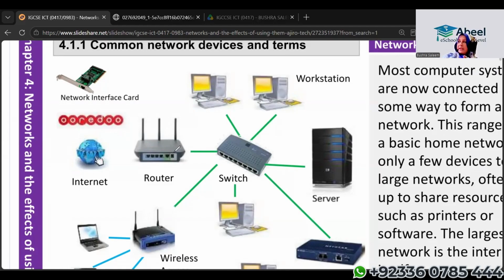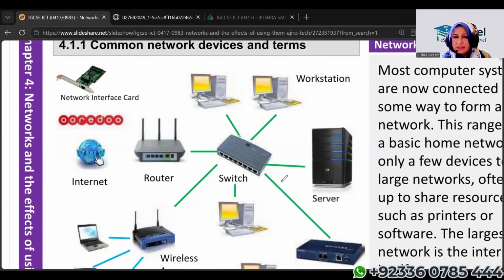It gives you internet facility. You can connect to the router through services from different ISP companies, the Internet Service Providers, like PTCL and Stormfiber, that give you the facility of the net. So by connecting to the router, you can connect to the internet.